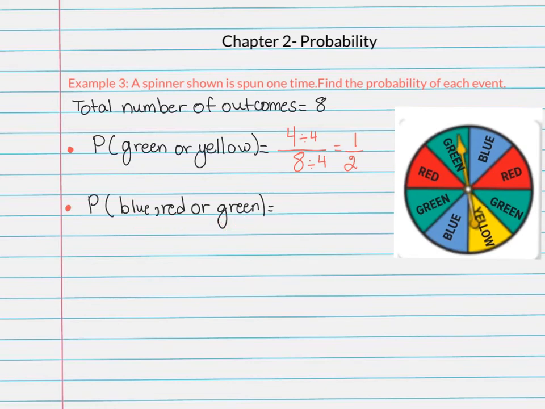Let's start with, first of all, writing the fraction. It is out of 8. Total number of outcomes did not change. Let's count the blue first. 1, 2, then red, 3, 4, then green, 5, 6, 7. So that's a 7 out of 8, and it cannot be simplified.